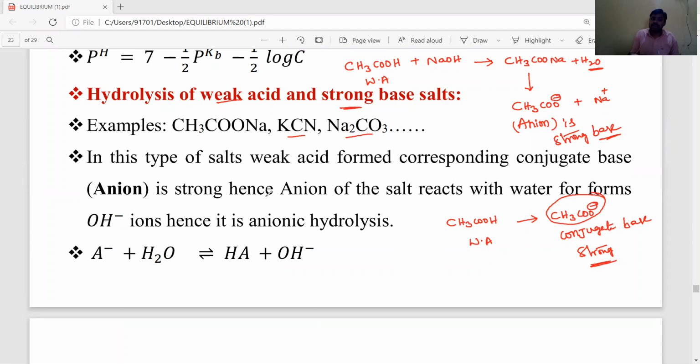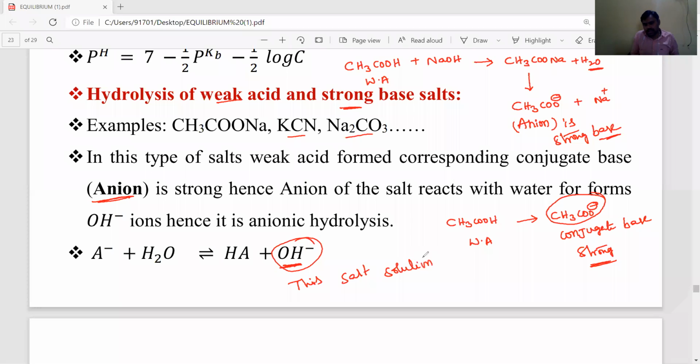So weak acid, strong base salts, for example sodium acetate, potassium cyanide, sodium carbonate, mainly undergo anion hydrolysis. Anion hydrolysis means the anion of the salt reacts with water and produces OH minus ions. The resultant solution having more OH minus ions means the salt solution has basic nature.